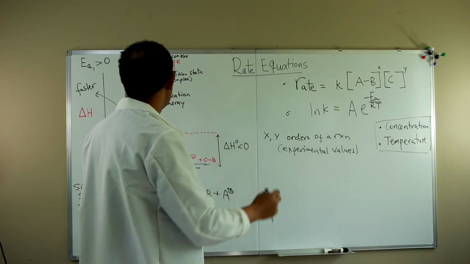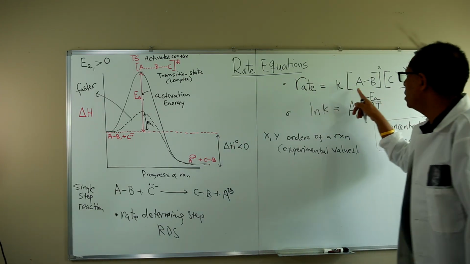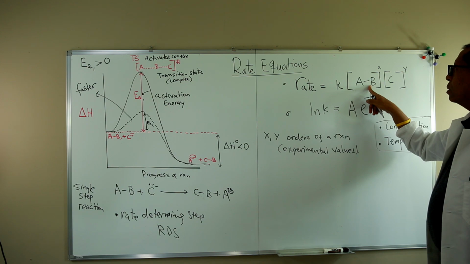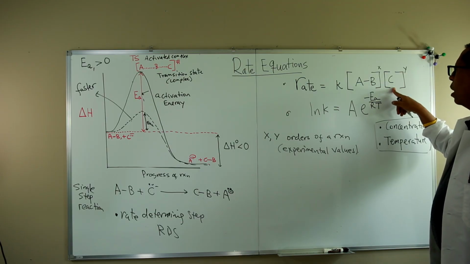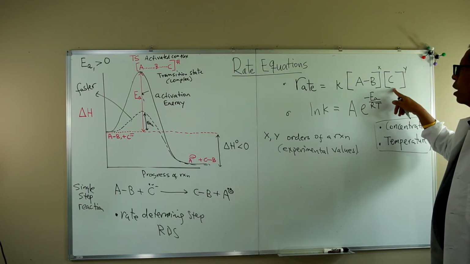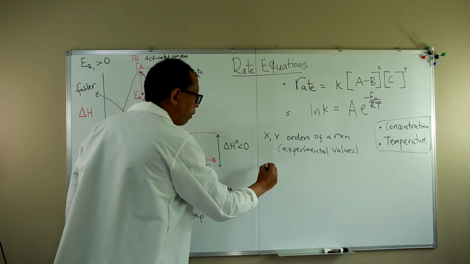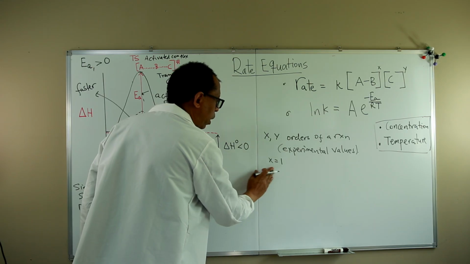Say, for example, when the concentration of AB is doubled, the rate is doubled, and when C's concentration is doubled, the rate is doubled as well. Then each of them has a rate order, x is 1 and y is 1.